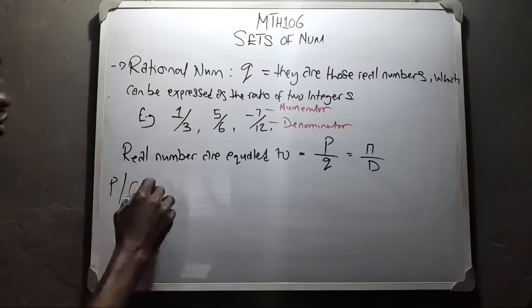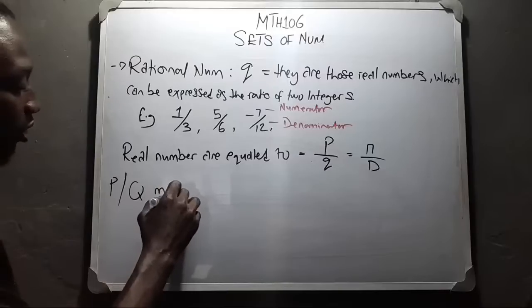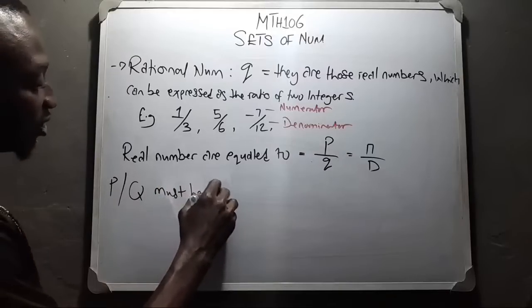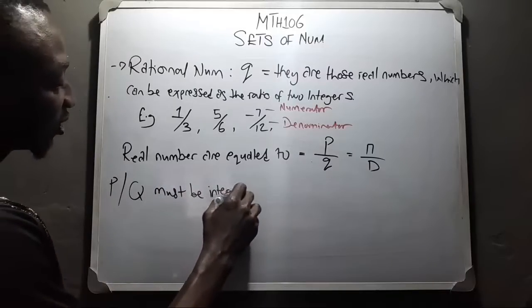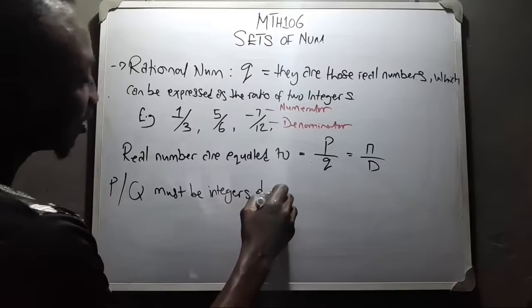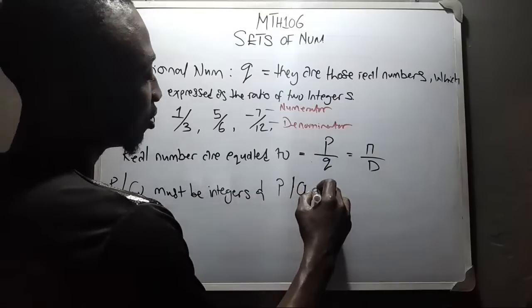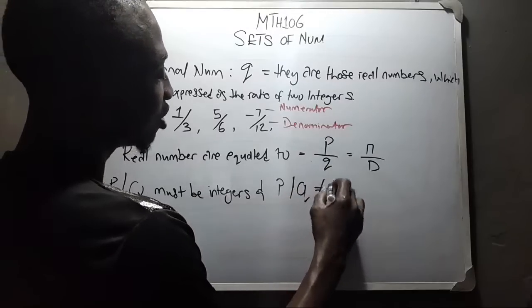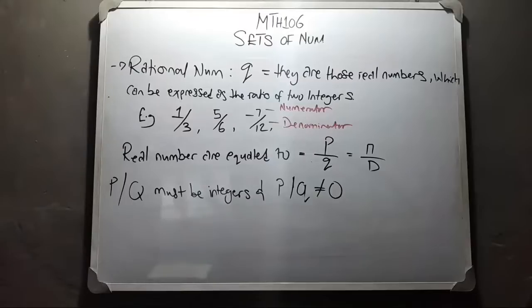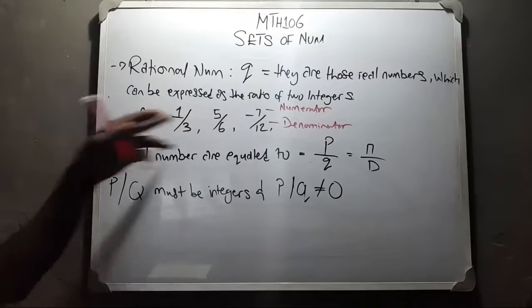P and Q must be integers and P slash Q must not be equal to 0. All right, just like what we have here.